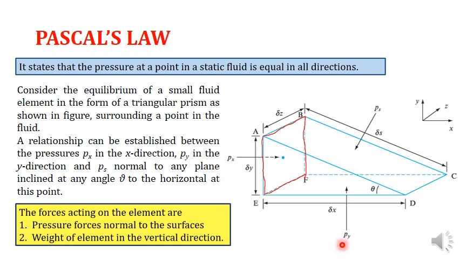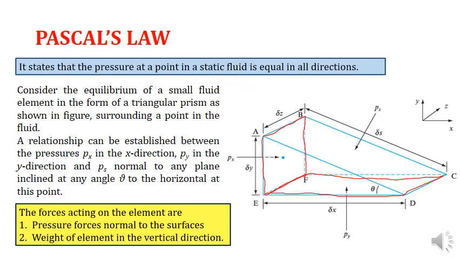The second force applied on this system is in the y direction and is called Py, and it acts towards this differential element, because the force is applied on this fluid differential element from the surrounding, in the y direction. So Py is exerted on the plane at the bottom of this triangular prism.